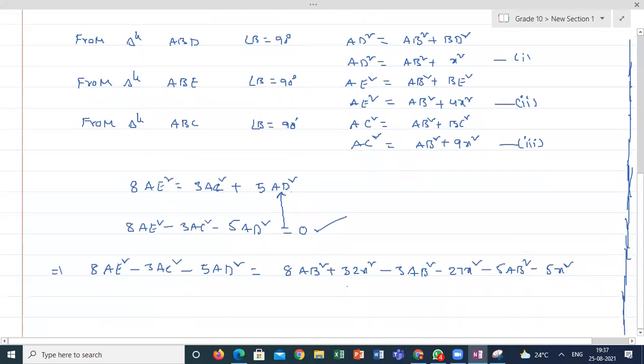So if I am collecting all X square terms and all AB square terms, 8AB square, 32 minus 27 minus 5.